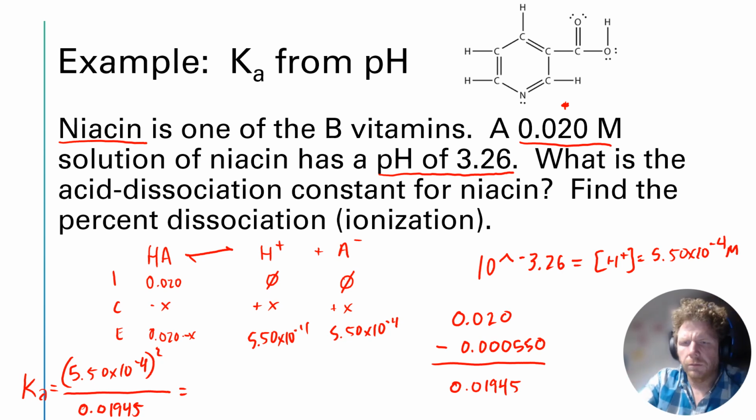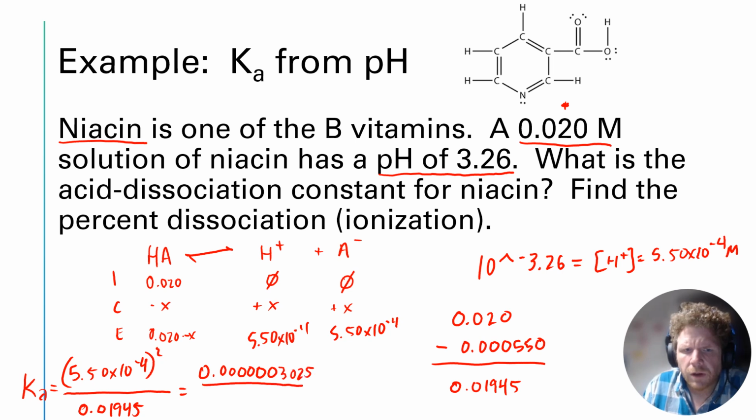I'm going to go ahead and plug it into my calculator. 5.50 exponent negative 4. I'm going to square that, and I'm going to write this one out. That's 0.12345 divided by 0.01945.